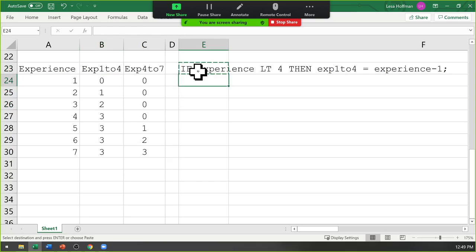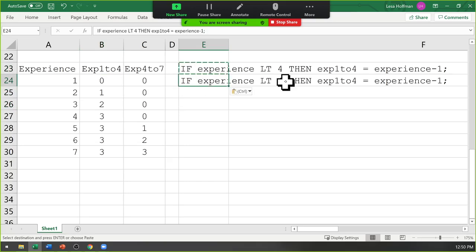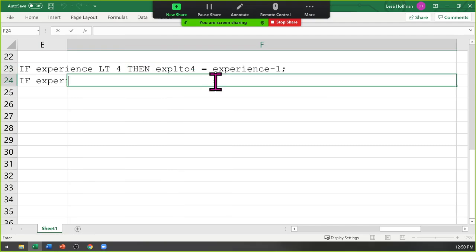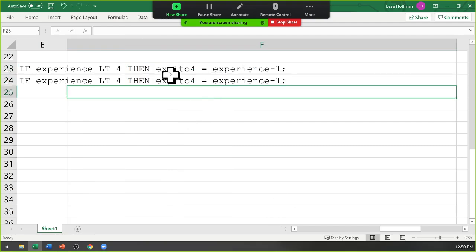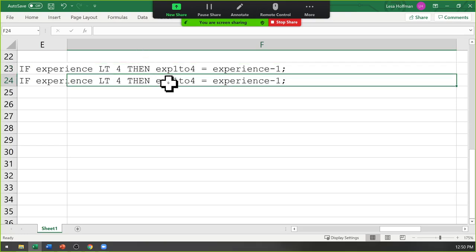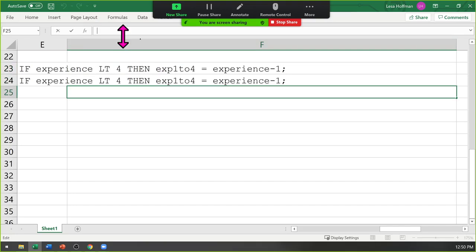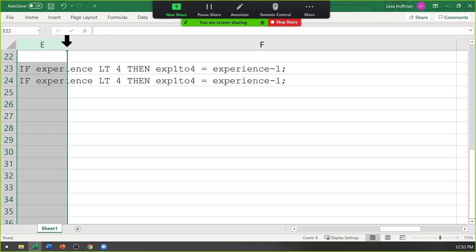Otherwise, let's see, if experience is less than or equal to 4, the other variable... Okay, it's not going to let me edit. Goodness, that's because I'm in the wrong cell.